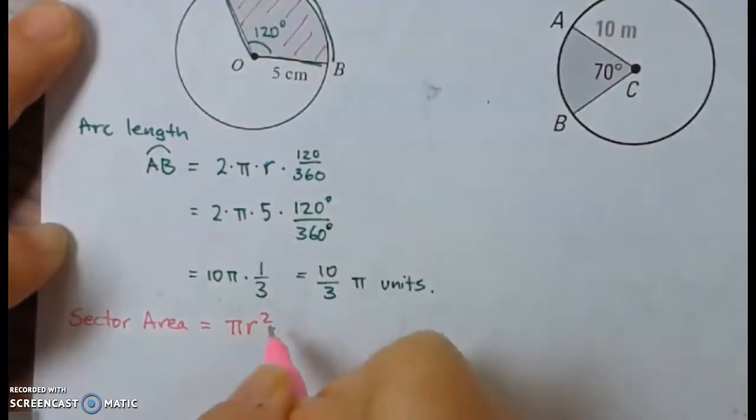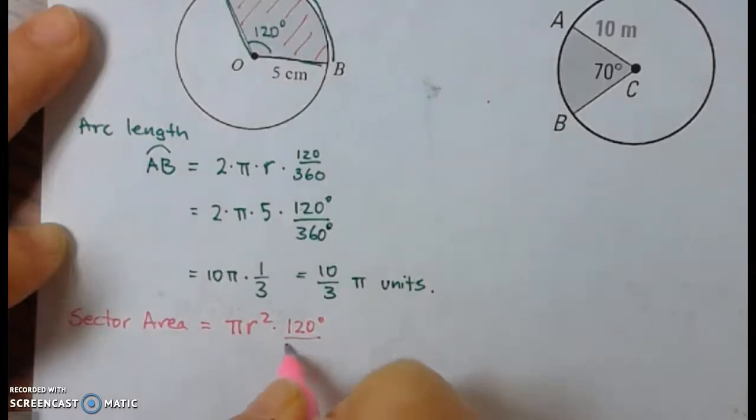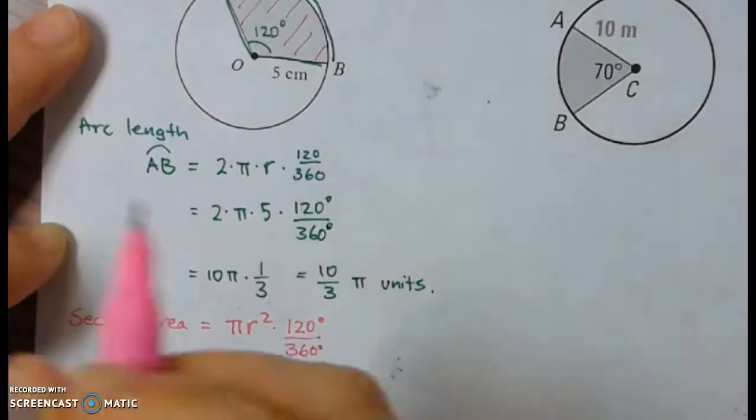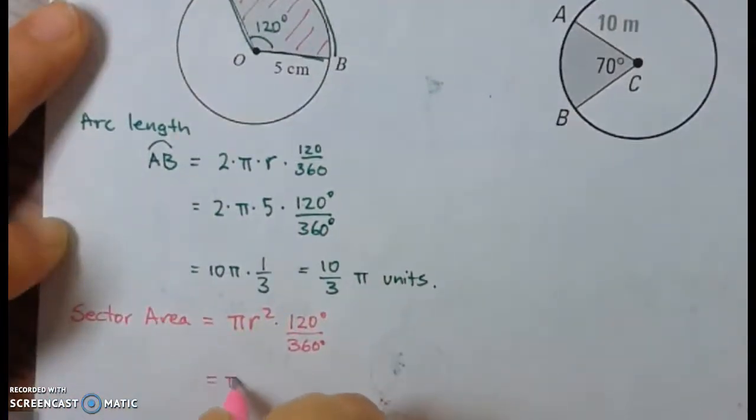We're really talking about the portion of the circle which is intercepted by 120 degrees out of 360 degrees total. And that's going to be pi times 5 squared times 1 over 3. So that's 25 divided by 3.